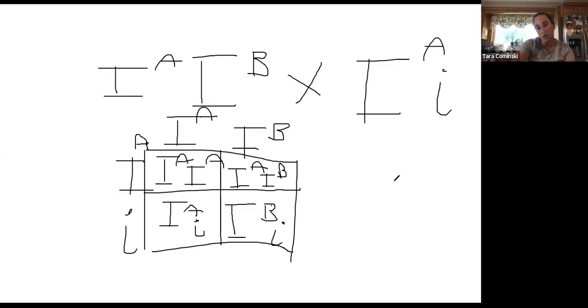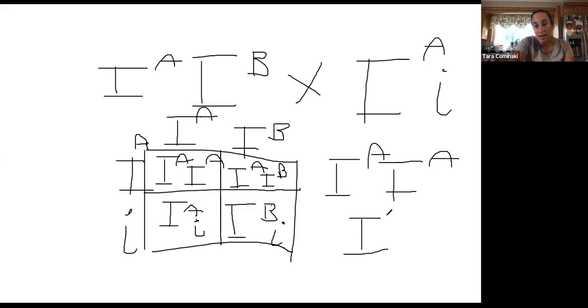In terms of genotypes, you have a couple possible genotypes. You have I big A, I big A. You have I big A, I big B. Big A and a little i. These are all the possible genotypes here. In terms of phenotypes, what do we have? We have 50% that would be blood type A, because remember, this genotype is blood type A, but so is this one.